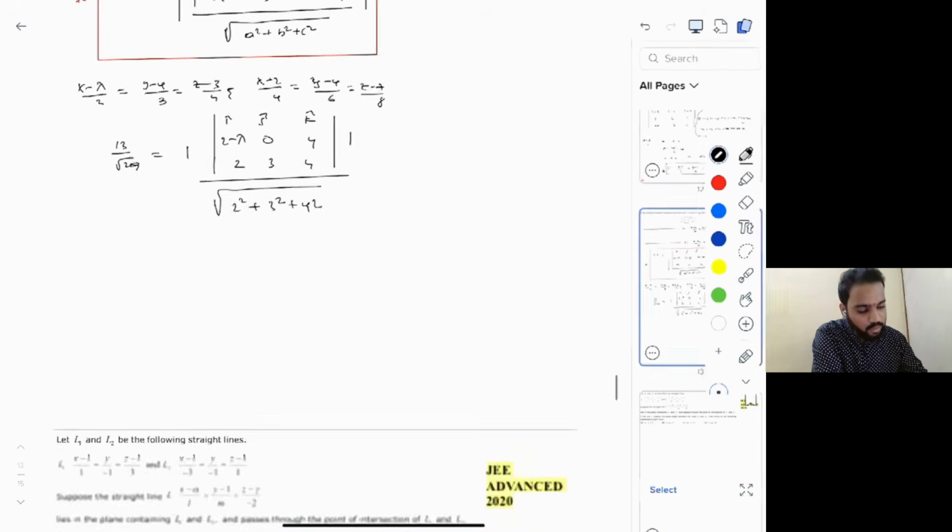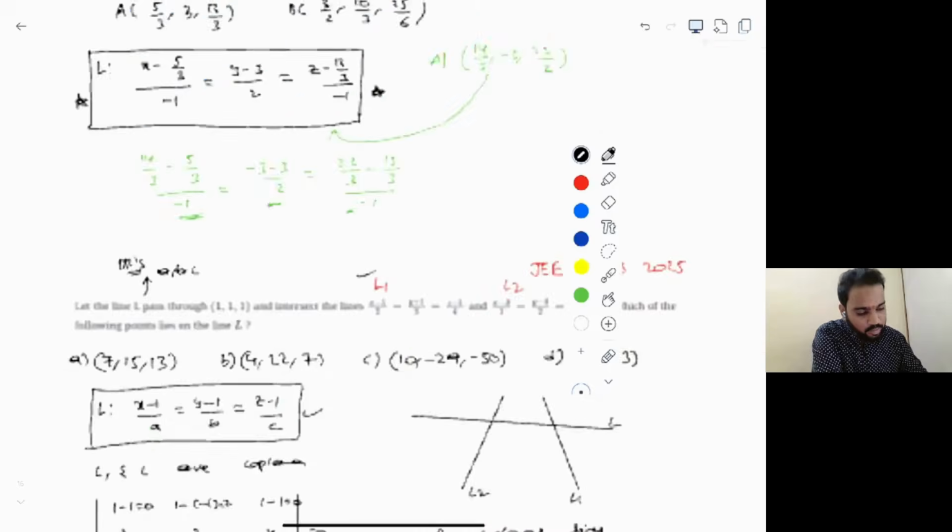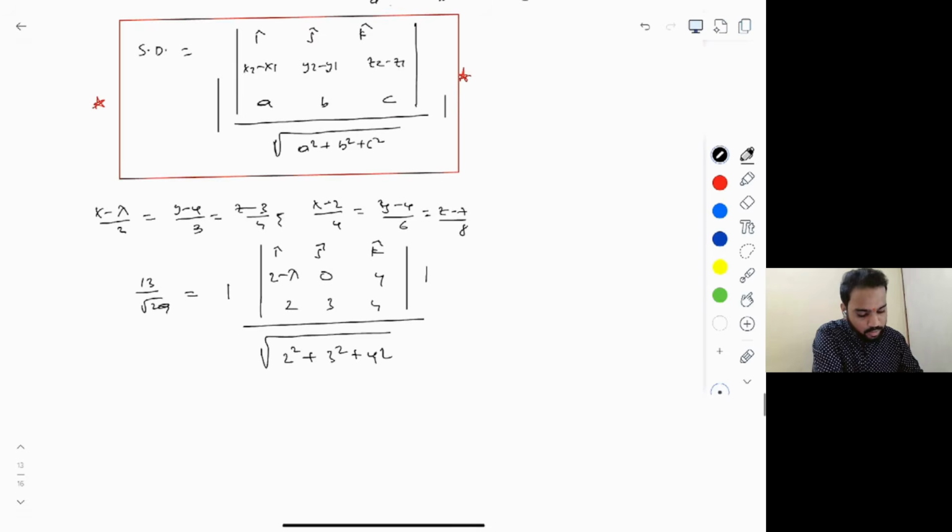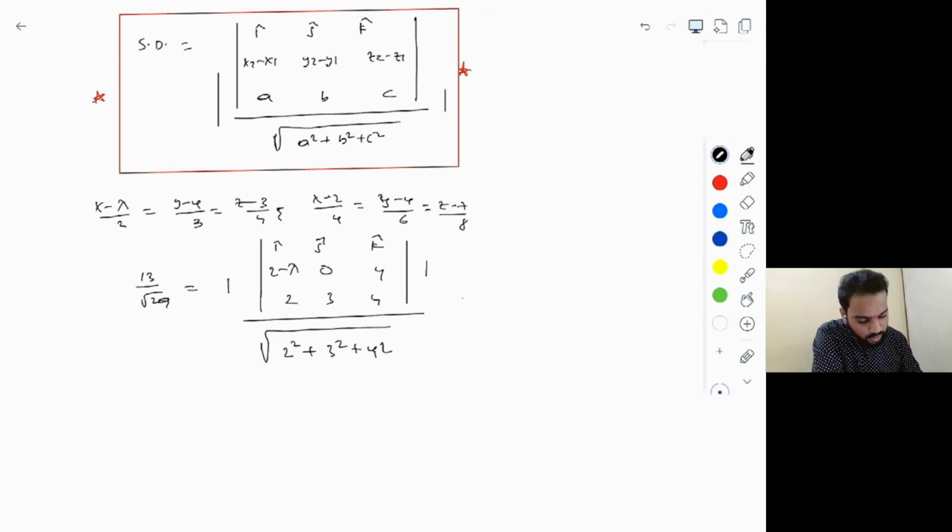Okay. Now let us try to expand this one and simplify it so that we'll get a proper idea. So let's expand the determinant here.